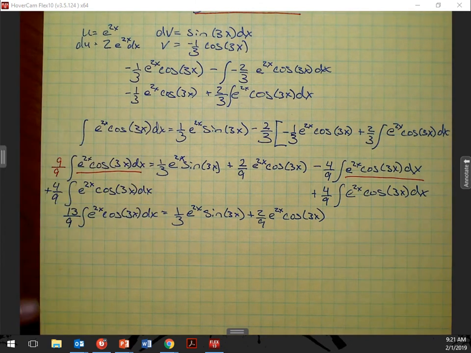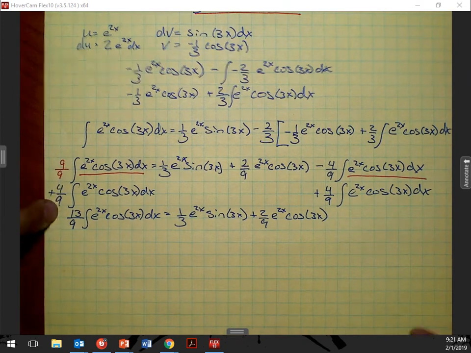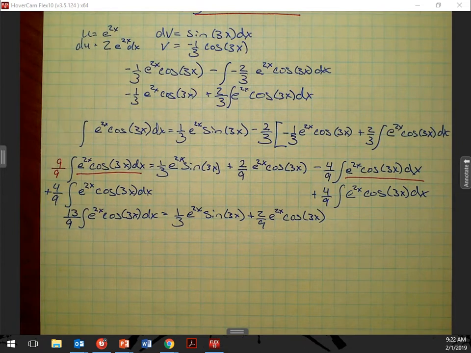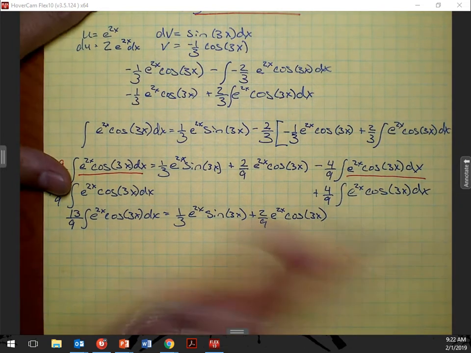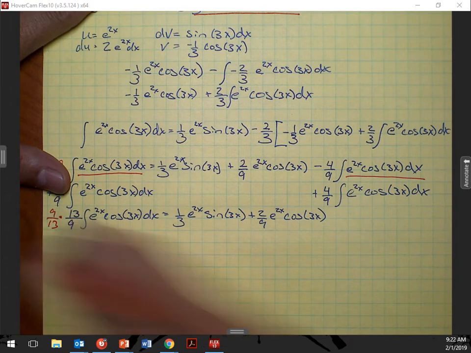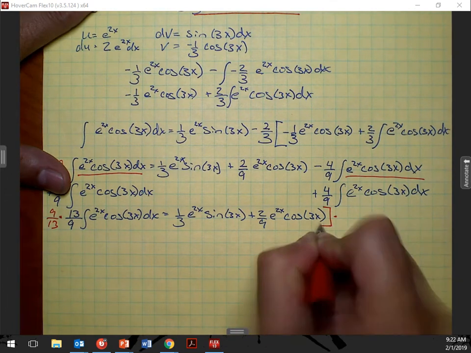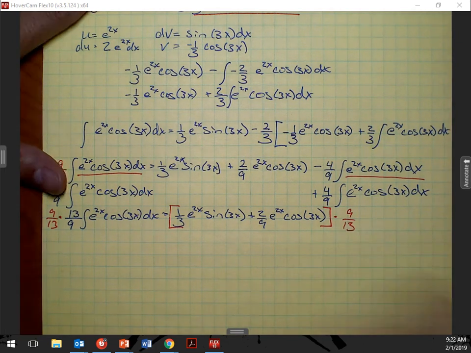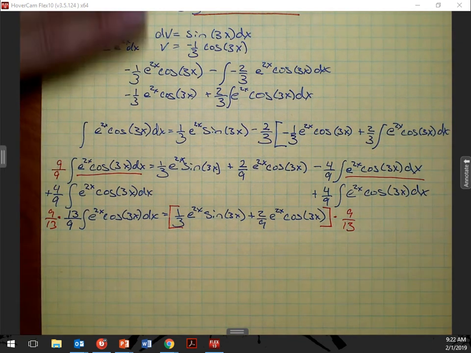The reason why I say almost is you need to divide by 13/9, right? Or multiply by the reciprocal. Multiply both sides by 9/13.